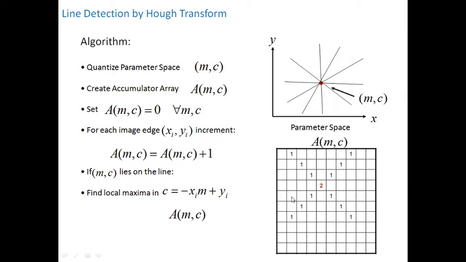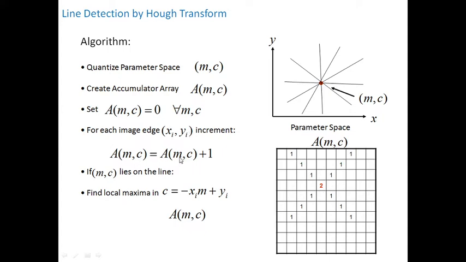So simply: quantize the parameter space m comma c, and create an accumulator array A of m comma c. Initially I don't have anything. If I haven't drawn any lines, A of m comma c is 0. For each image point xi, yi, h is nothing but a line. So that means a line I have drawn here.